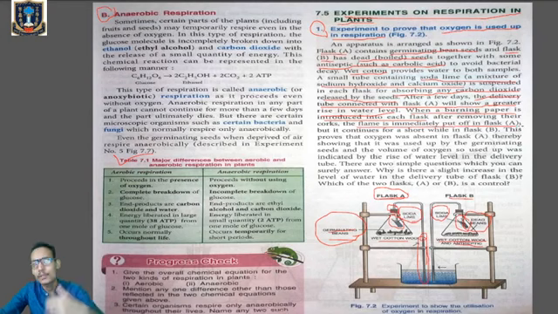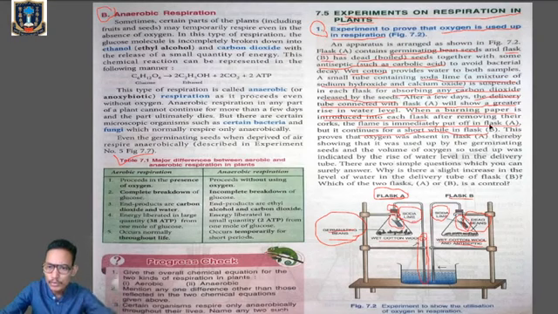It will not burn in flask A. As soon as we introduce the burning paper in flask A, it will be put off. But in flask B, it will continue to burn for a short while. Clear? So in flask B, it will burn for a short period of time, but the burning paper in flask A will be put off. It will not burn.